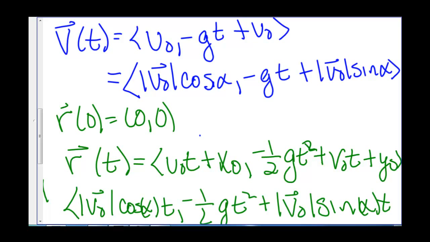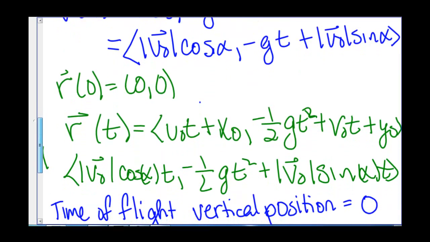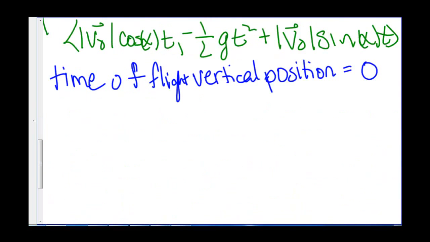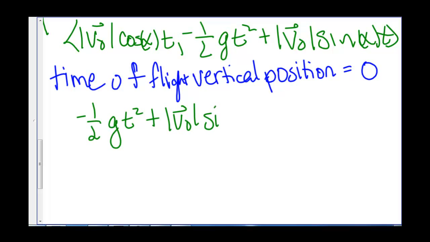So to get our time of flight, we want to know when the vertical position equals 0. That's where we have landed. So we need to find when the y-coordinate in our position equals 0. So we have negative 1/2 gt squared plus magnitude of v naught sine of alpha times t equals 0.